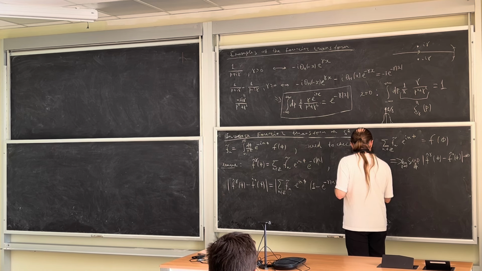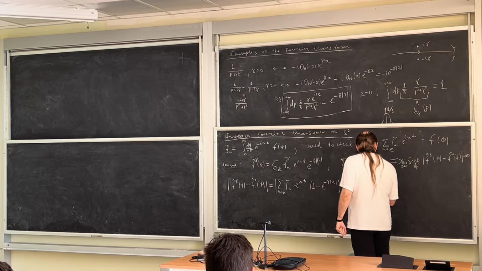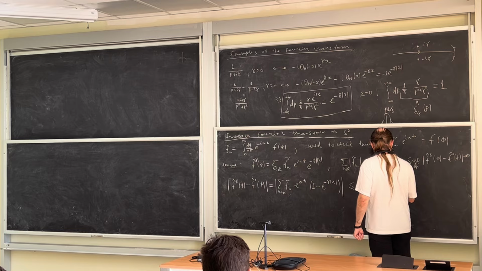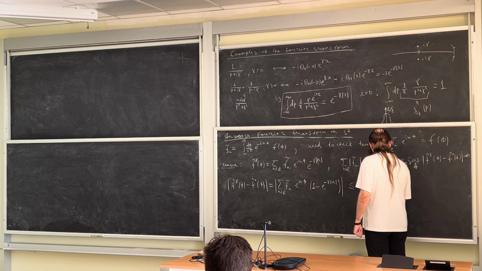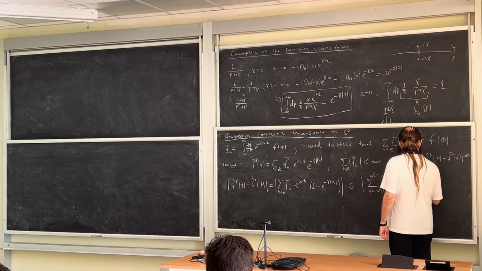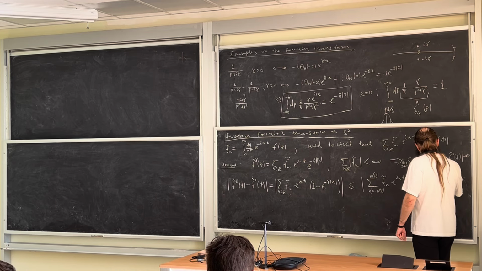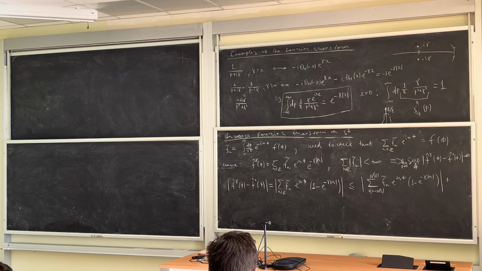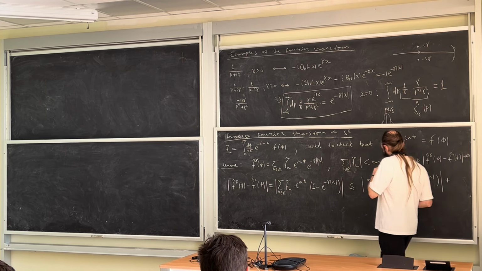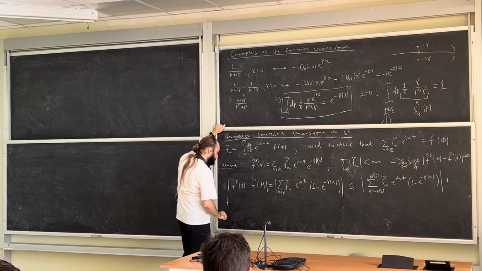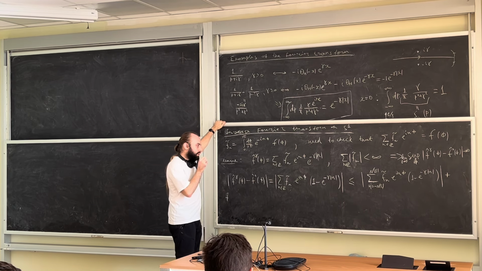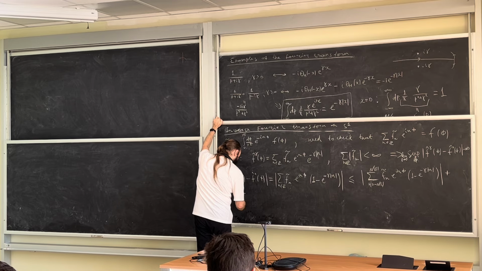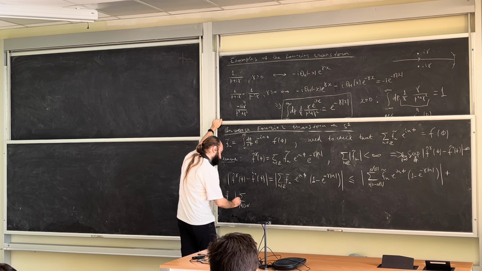So it will be the sum from minus N to N, which will be adjusted in the appropriate way, plus the sum over absolute value of n greater than N of epsilon.